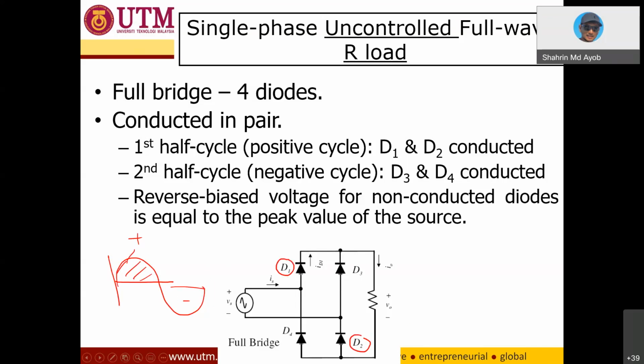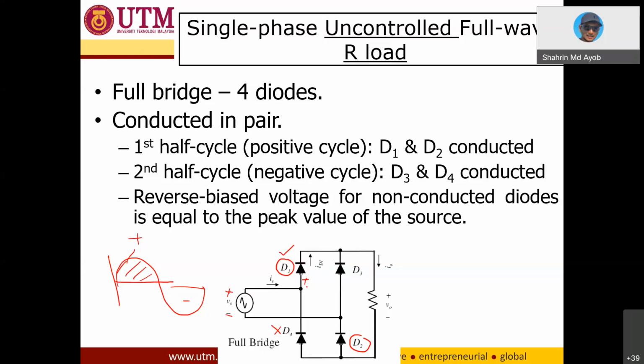Why do they conduct? Because it depends on the circuit. As you can see, the polarity is like this, positive, negative. Since this is positive, the anode is positive compared to the cathode, so D1 will turn on. D4 is off.